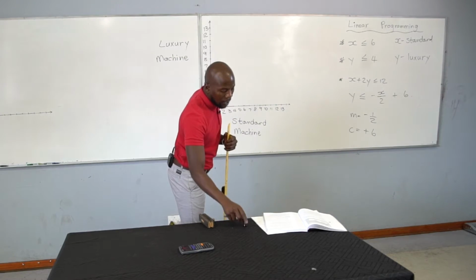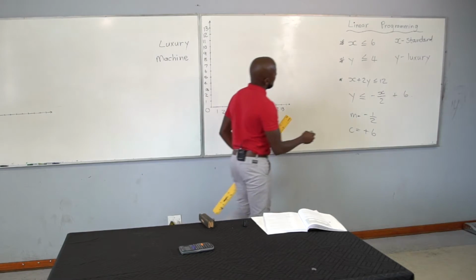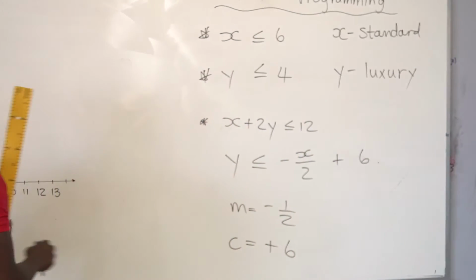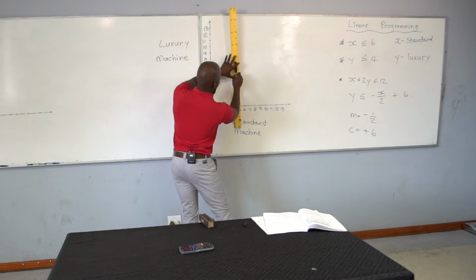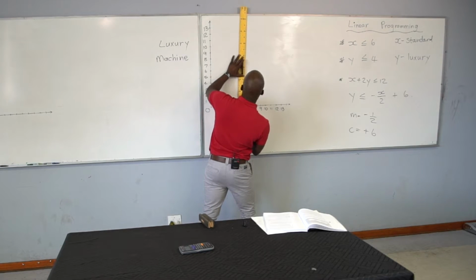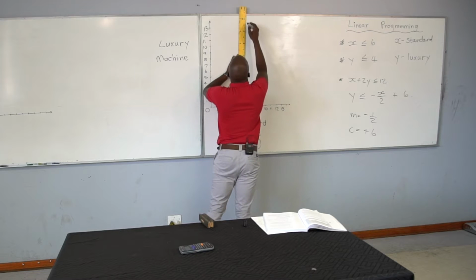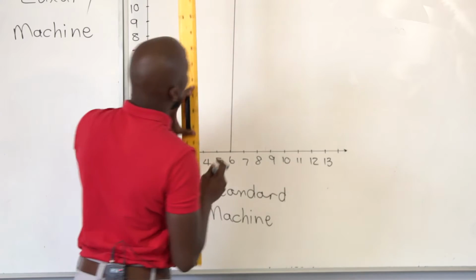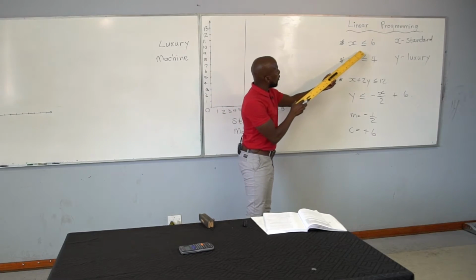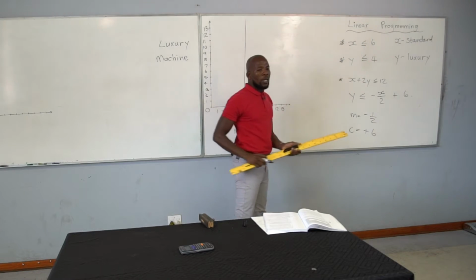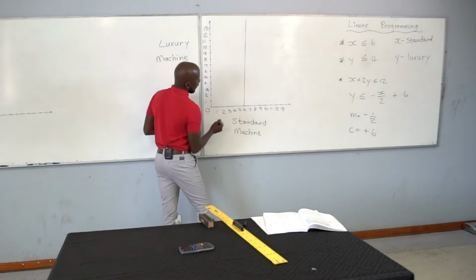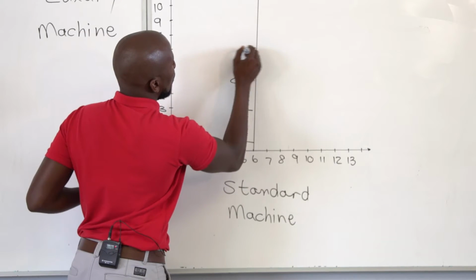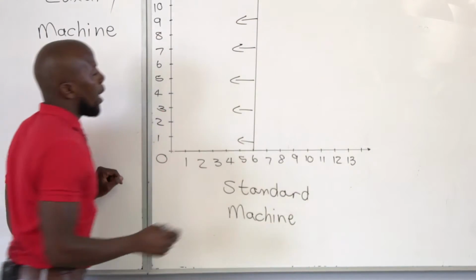Okay. Now that we've done what we had to with regards to sketching the Cartesian plane, we can start drawing the graphs as indicated. The first one, we know that x is equal to or less than 6. That will definitely be a straight line where x is 6. We already discussed the symbols and which region you'll be shading based on the symbols. Less than means you'll be focusing in this particular direction of this line.